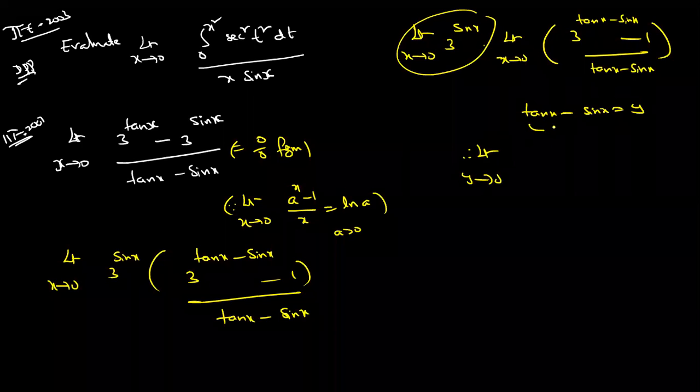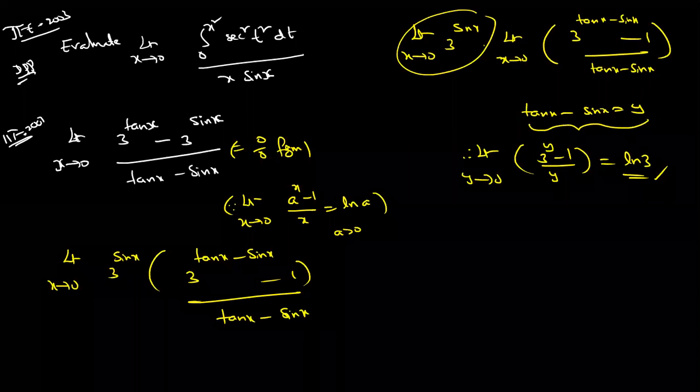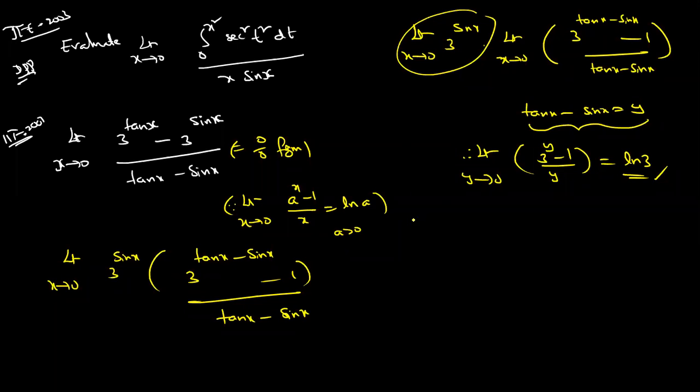That is also 0. So 3 power y minus 1, by y. What is this value? As x tends to 0, tan x minus sin x tends to 0.